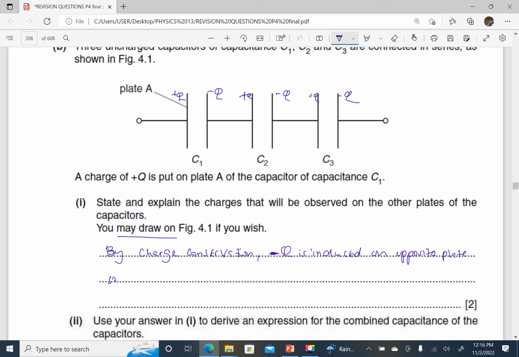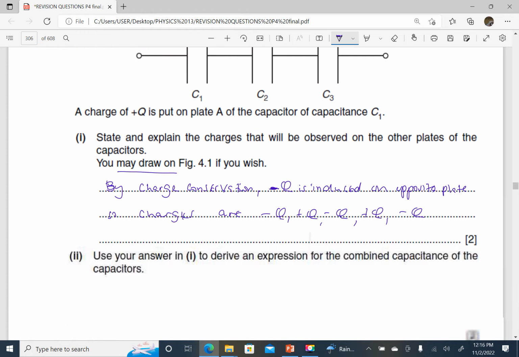So the charges will be, starting with the first one, negative Q, positive Q, negative Q, positive Q, and negative Q in that order, because the first one has been stated. So the other charges will be those ones.